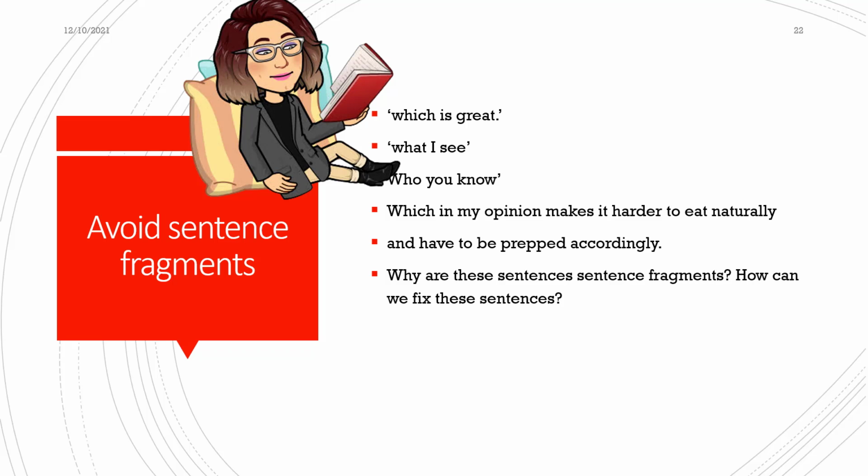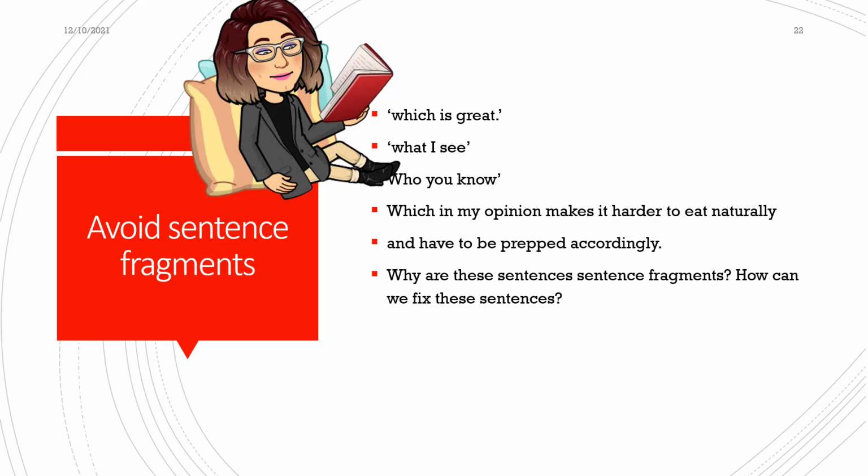Avoid sentence fragments. Here are some sentence fragments I saw in student papers. We studied this in the Week 7 quiz: whenever you have a dependent clause, such as "which is great," "what I see," "who, you know," "which in my opinion makes it harder to eat naturally." These are all dependent clauses because each of these sentences starts with a subordinating conjunction or a relative clause, which, what, and who.